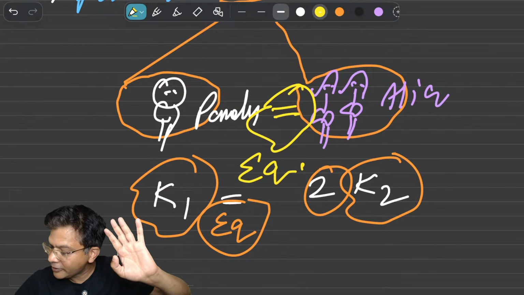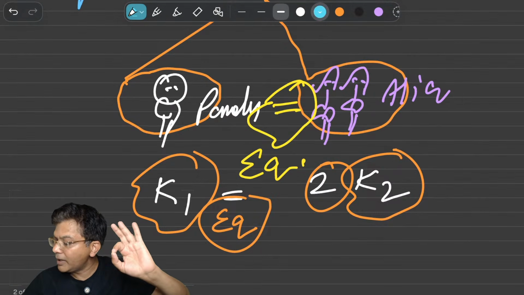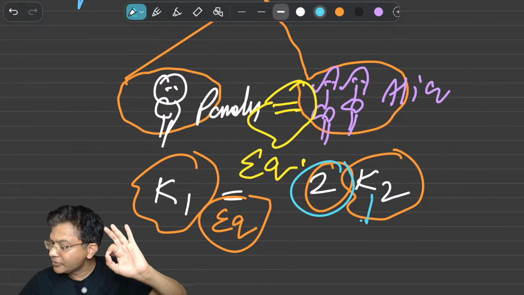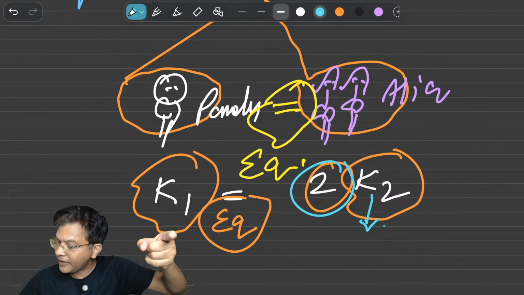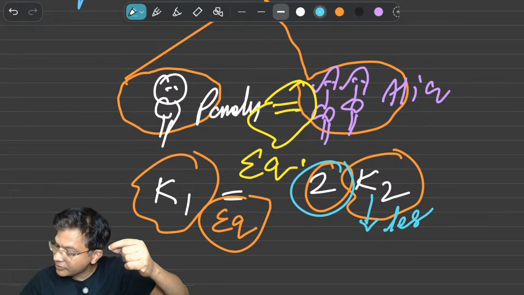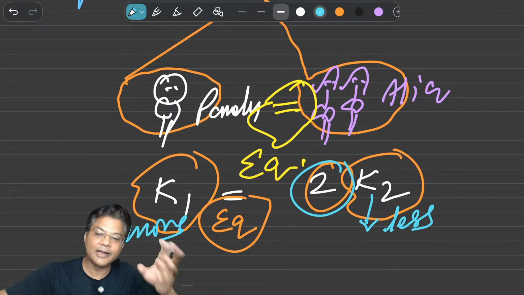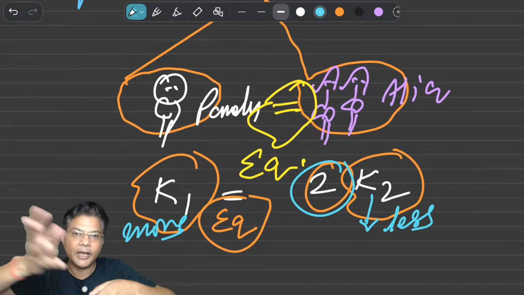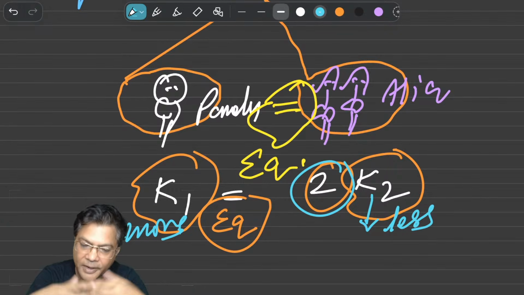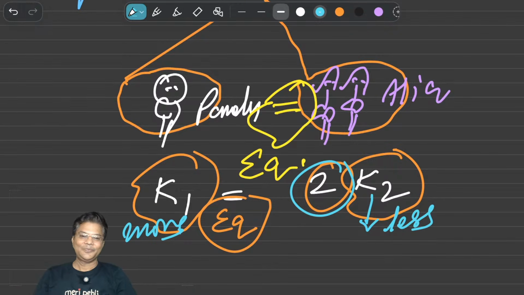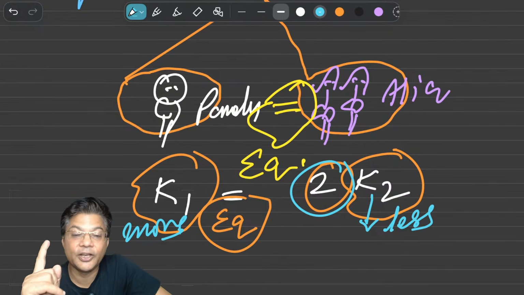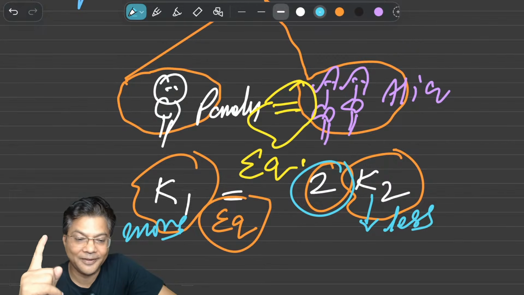Over here, I would like to say why we have multiplied by 2. That means this K2 is half of K1, less value, and this is more value. That's why the less value is required to be multiplied by some factor so that they become equal. While putting the equal sign, now you must be thinking of your class 6th algebra.